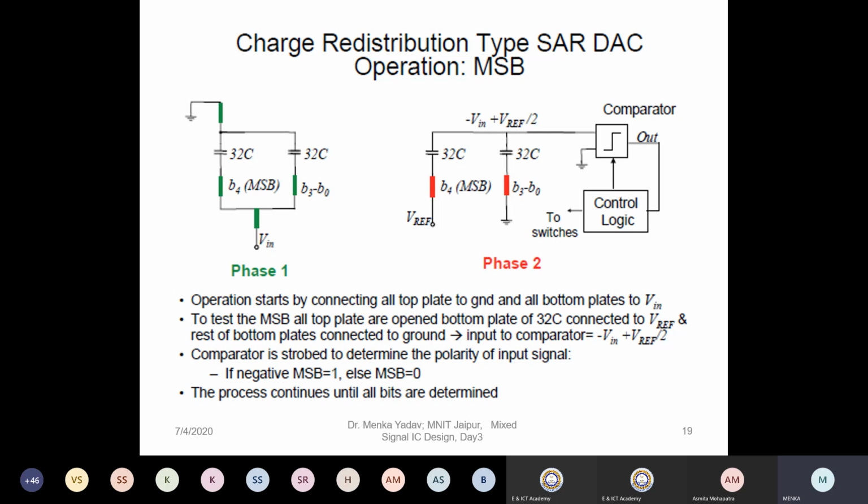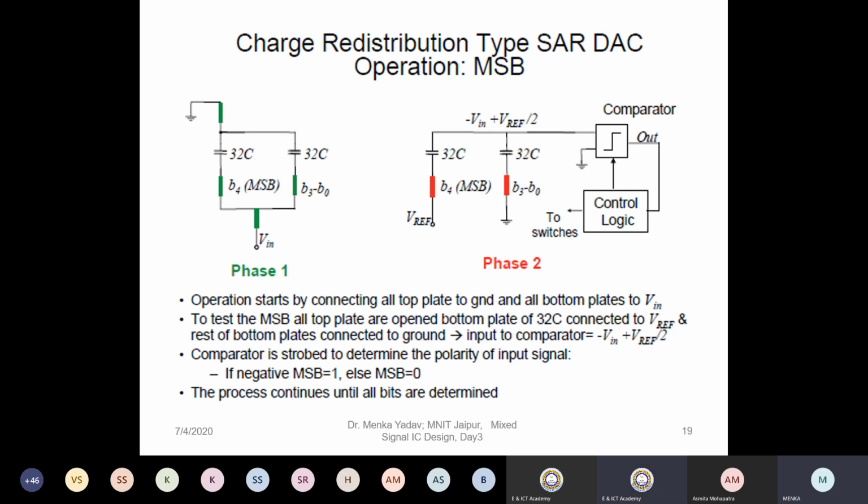You might have seen that the comparator is there. This comparator is nothing but an op-amp.